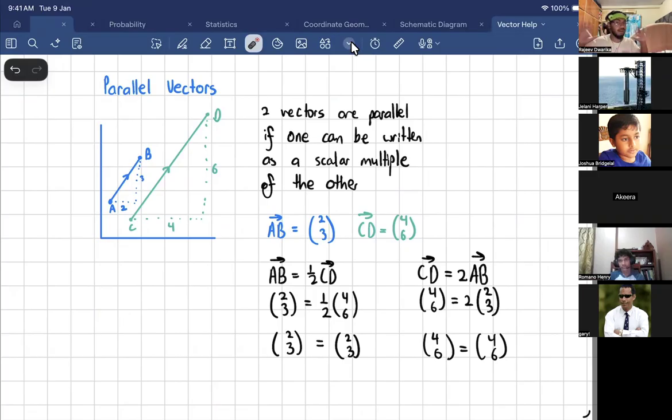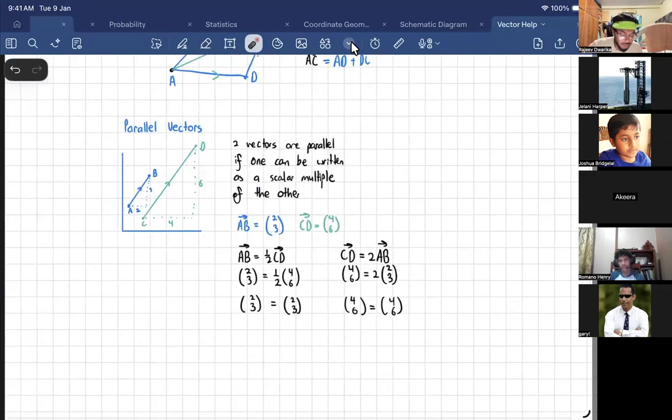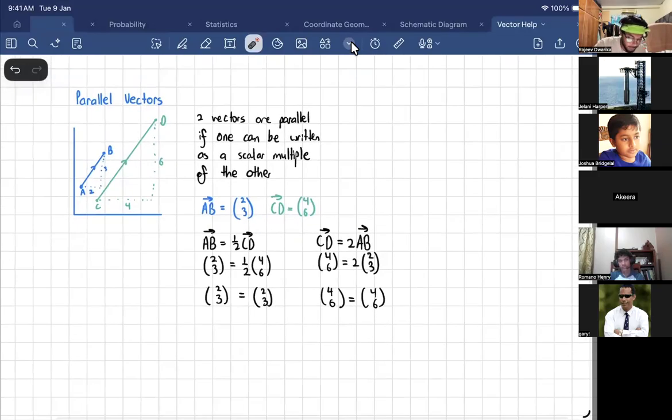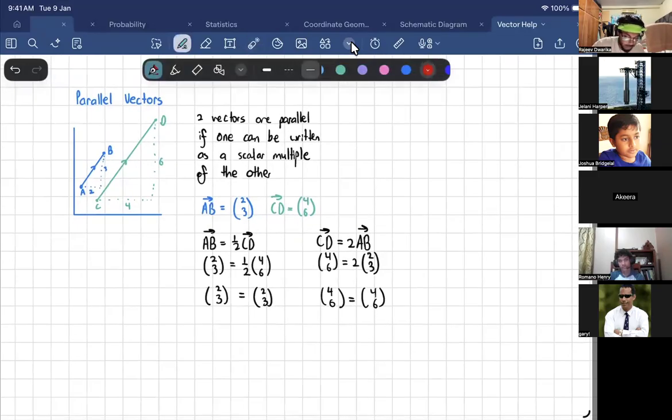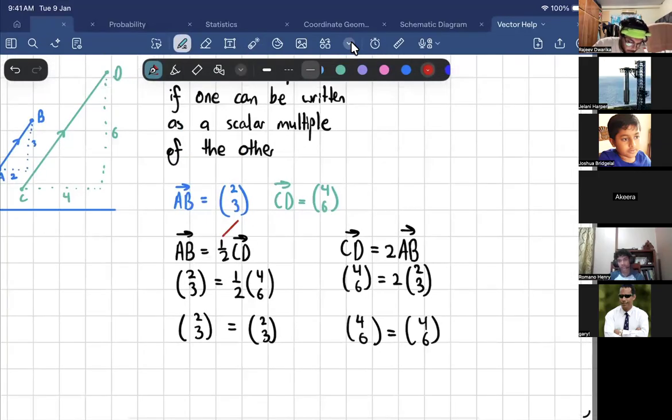Parallel. So maybe I should give you guys some more examples. And this is the scalar multiple thing I'm talking about. So, Romana, you see how I'm multiplying CD by a half? That means I'm multiplying it by a scalar, which is a half.